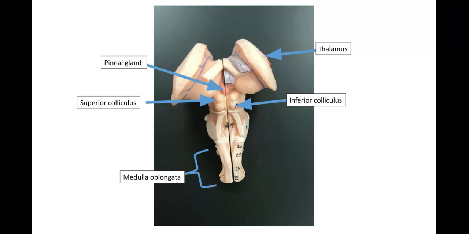This is the part that's really involved in respiration. It's going to be involved in reflexes. It will have your senses located like here. This is going to be what connects higher parts of the brain to the spinal cord.